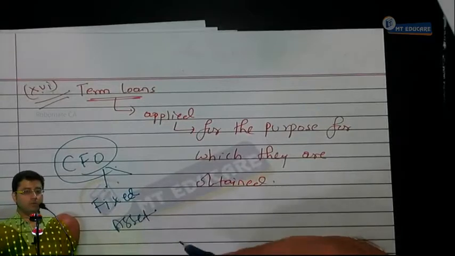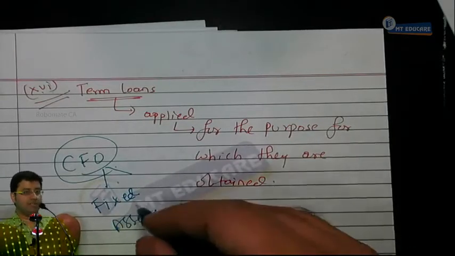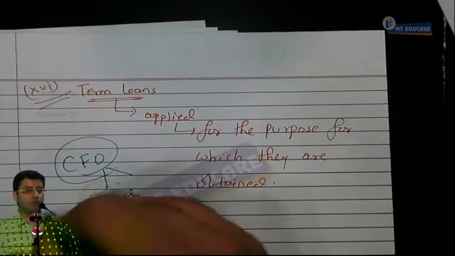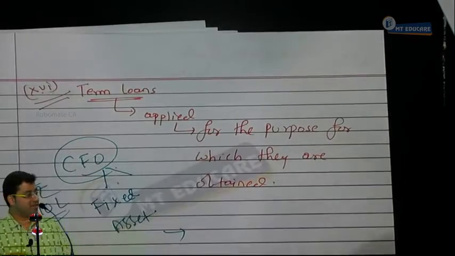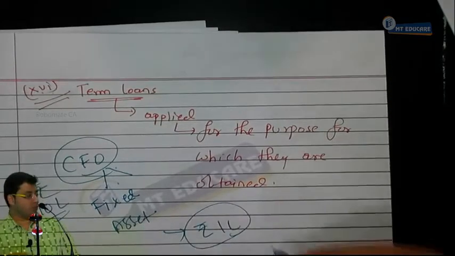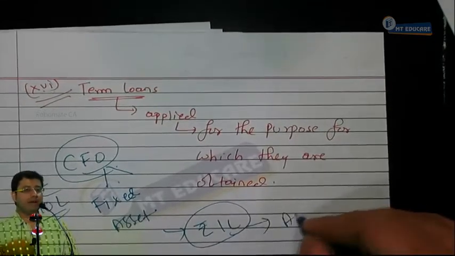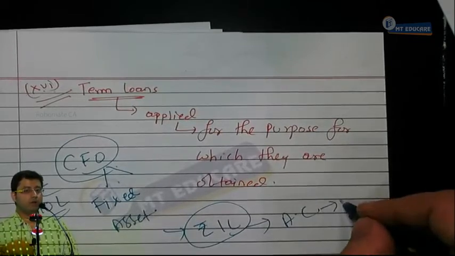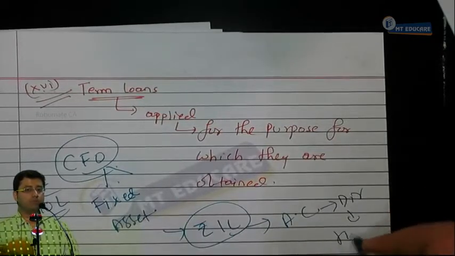But then, suppose the term loan taken was say 10 lakh rupees from a bank to purchase some fixed assets, out of which 1 lakh rupees was used to purchase an air conditioner for the director's home.